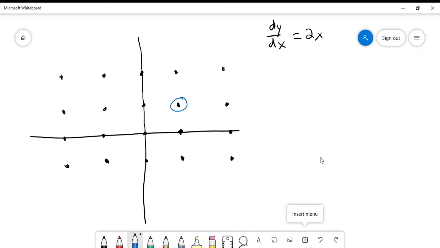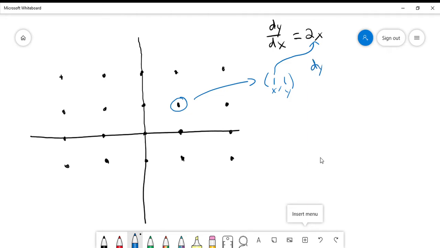All right, and let's think of what the coordinates are right here. The coordinates of this point are 1, 1. Okay, so what we do is we put in, this is an x, this is a y. I put in this value into the differential equation. Now I only have an x in this case, so that's the only one that I put in.